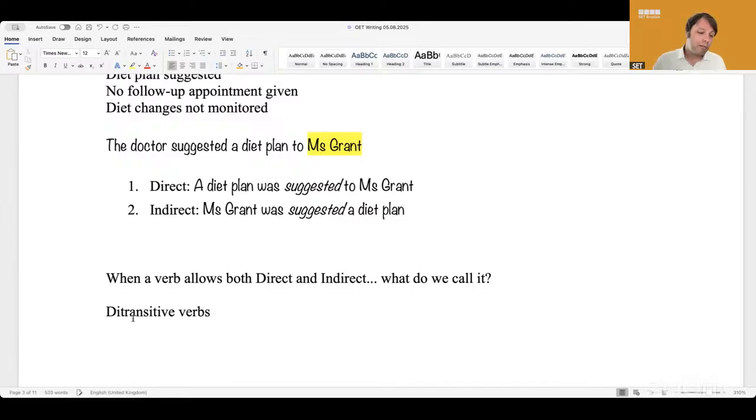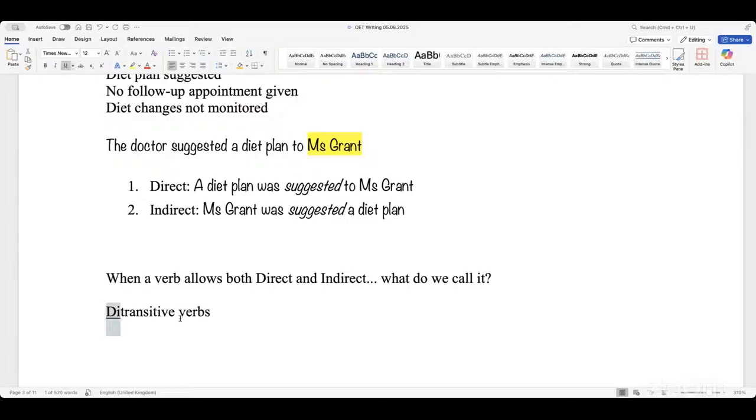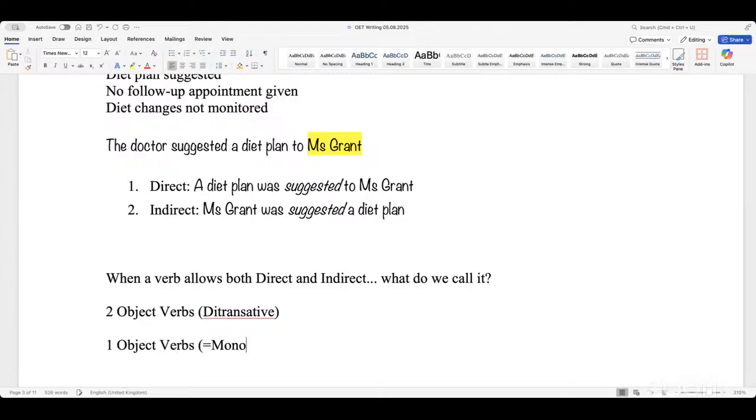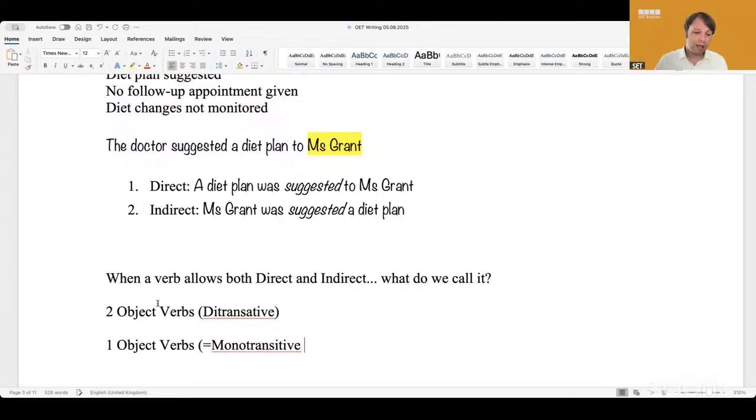It doesn't matter what we call it. This just means two. What does di mean? Di is two. So let's just call it two object verbs. Ditransitive, we have two object verbs, and we have one object verbs. This is called monotransitive. Okay. Does this make sense, everyone?